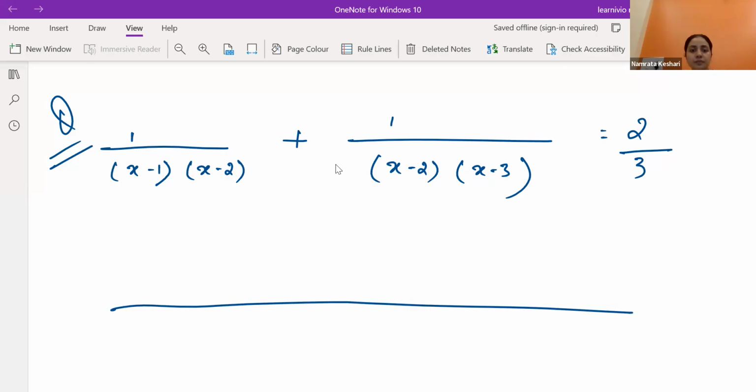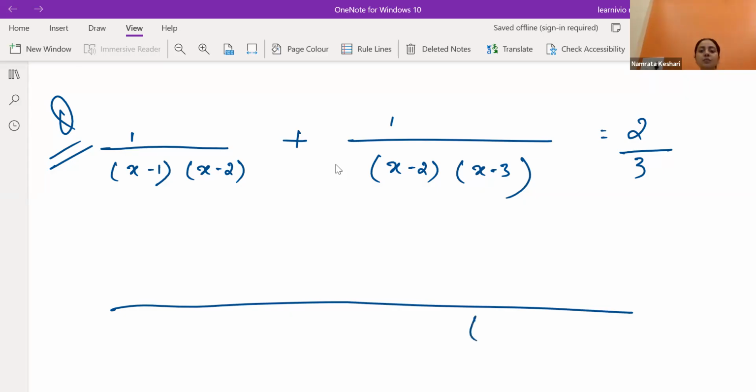It will be x squared minus 3. Can you please repeat it? Yes. Is it x square minus 3?